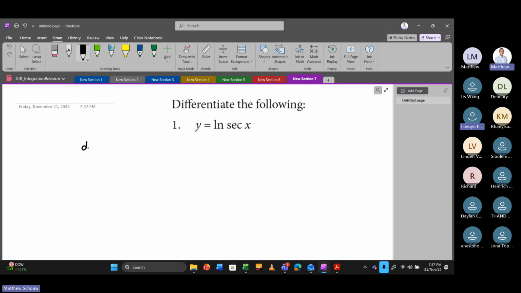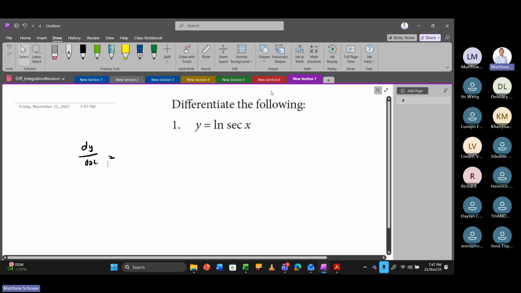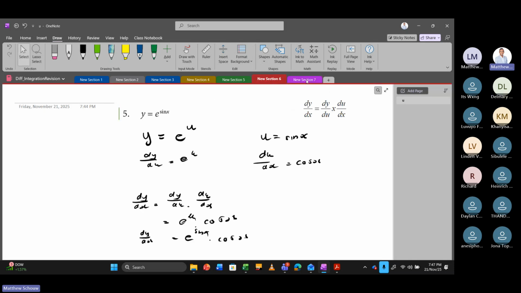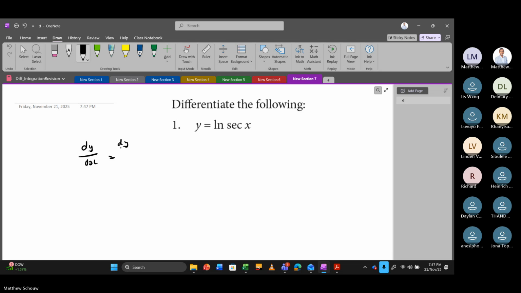Okay. dy/dx is equal to what again? dy/du, right? And then we have du/dx. I always know this is right because the du's must cancel, so we have dy/dx. Hope everyone understands. Okay, so what is my argument here? Sec x. Exactly. So that's going to be u.